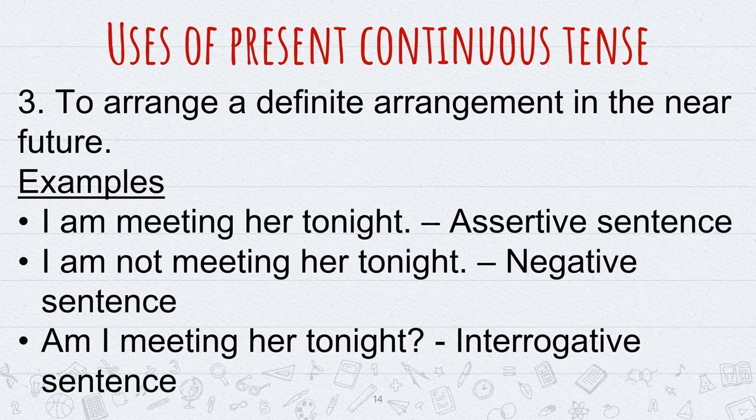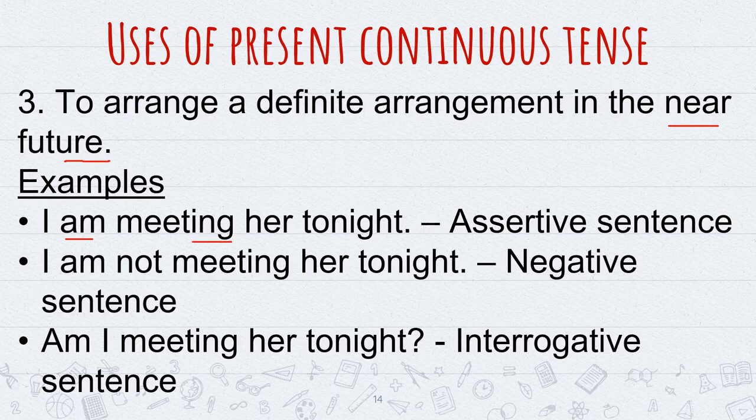Now, the third use of present continuous tense is to express a definite arrangement in the near future. Okay, that means that it is used to express the arrangements of the future. For example, I am meeting her tonight. Now with I I have used am, and with V1 I have used ing.